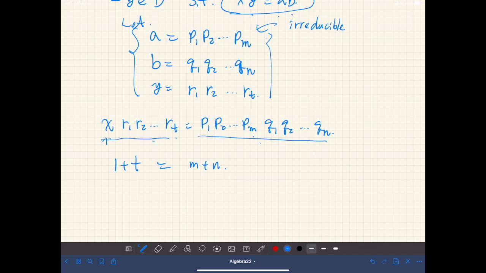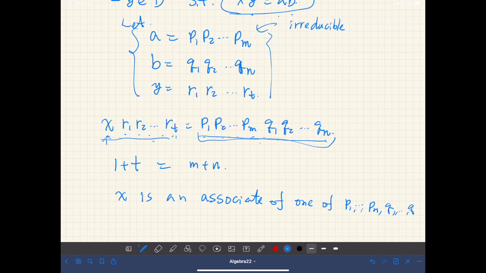And also each element on the left hand side is an associate of at least one of the elements on the right hand side. So therefore x is an associate of one of p1 to pm and q1 to qn.